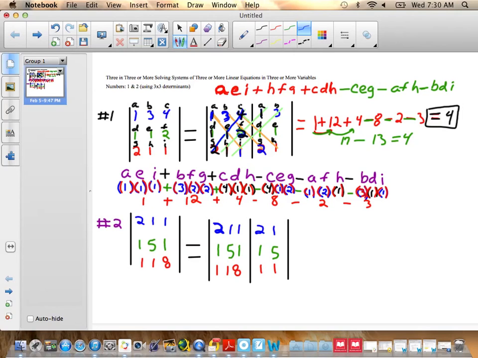If you look at the top, the 2 is going to be A. The 1 is B. So I have A, B, C, D, E, F, G, H, I, all the way across.